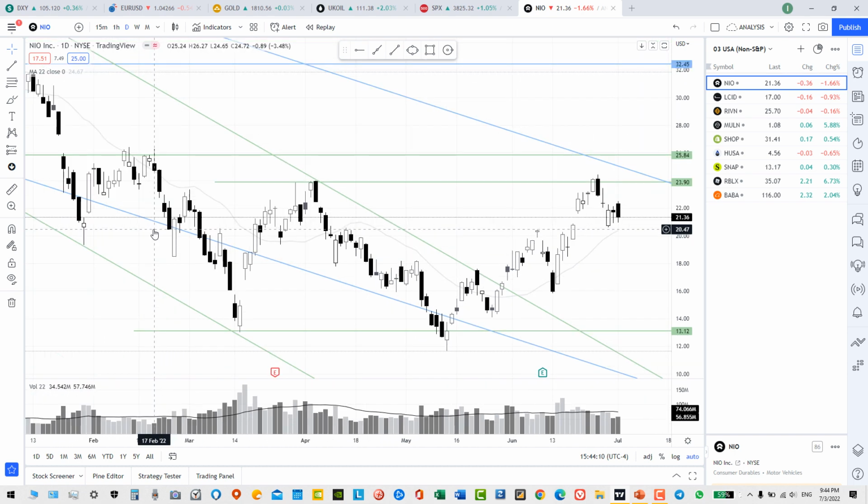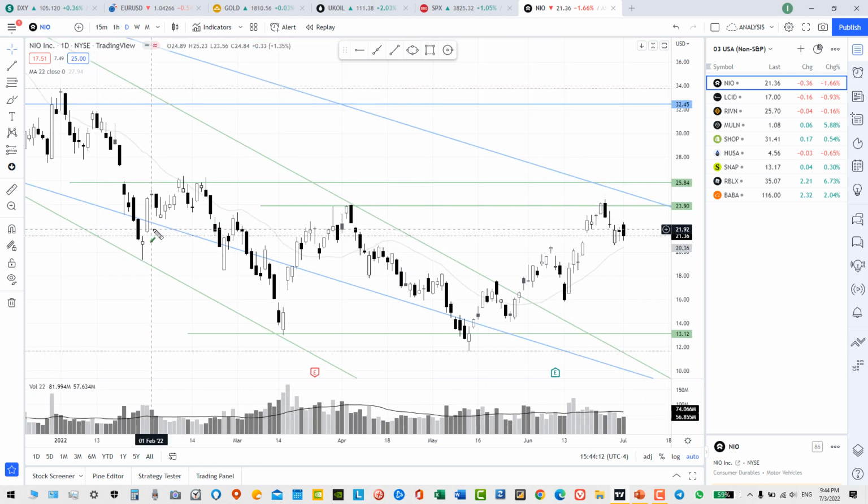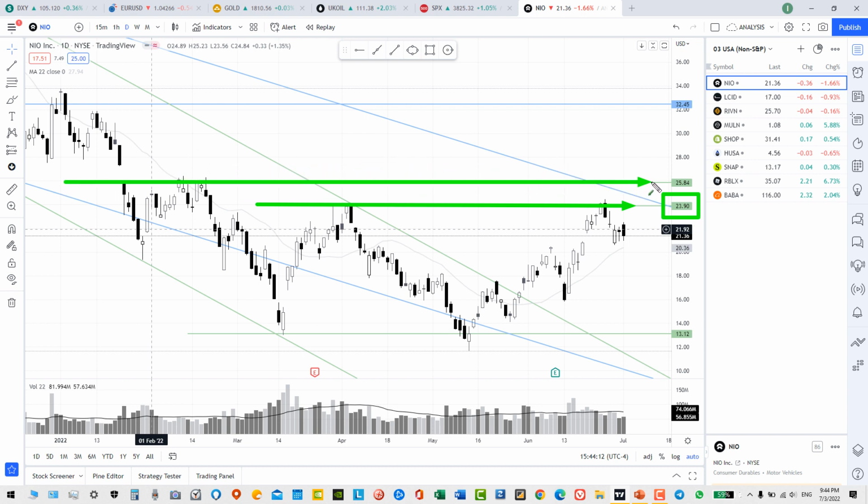Here we can see that the stock is facing a very important resistance zone starting from 23.90 up to 25.80. Therefore, over the short term, we have a resistance zone with around $2 thickness.